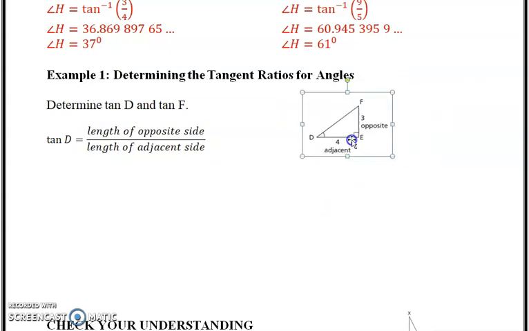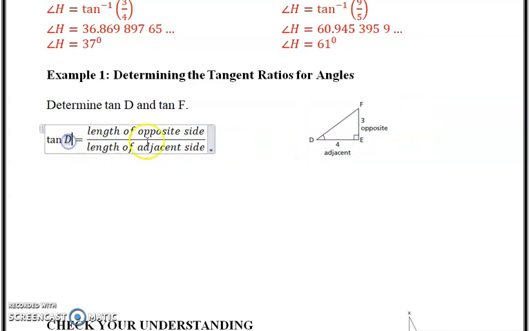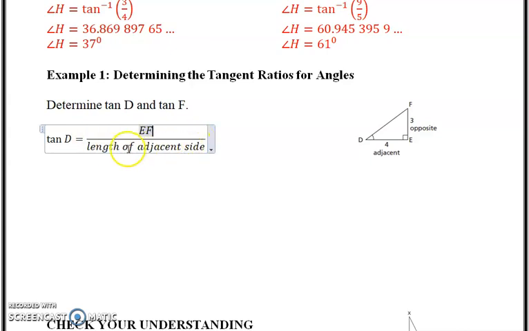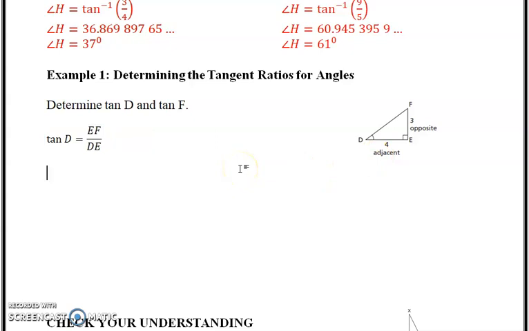If I'm dealing with angle D, which you notice I've indicated here, the side opposite that would be 3, and the side adjacent would be 4. So the length of the opposite side would be EF, and the length of the adjacent side, since this here is the adjacent side, that's DE. So we took our definition of the tan ratio, and we've simplified it and added it in.